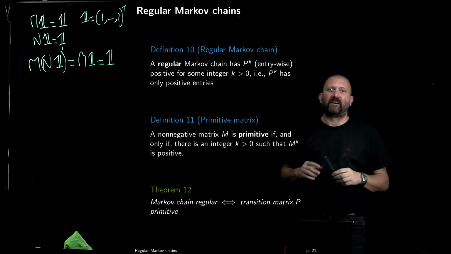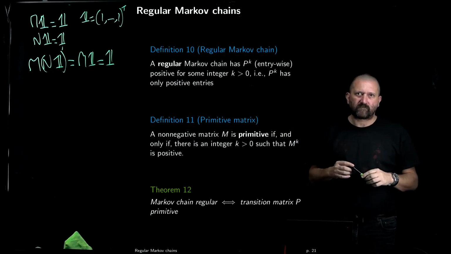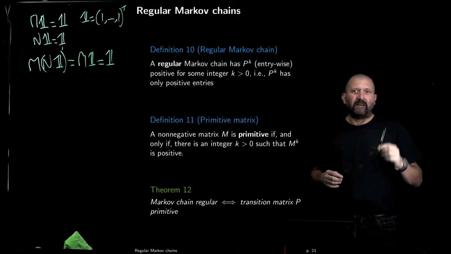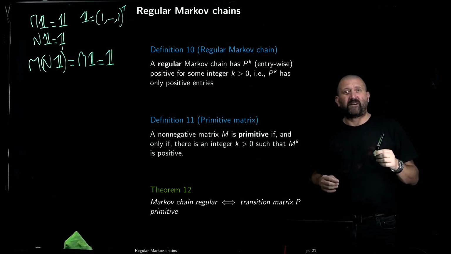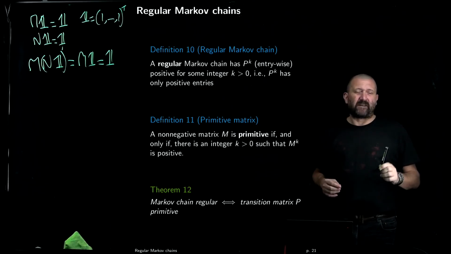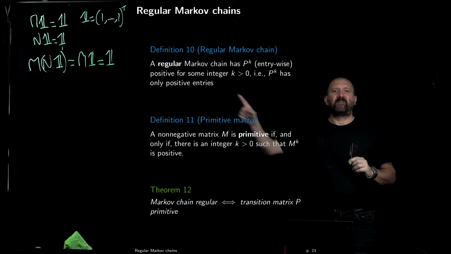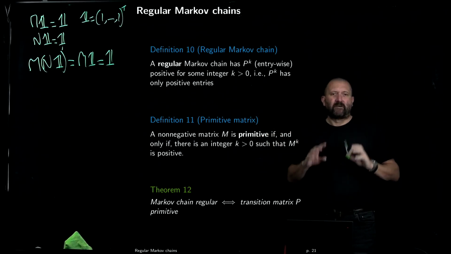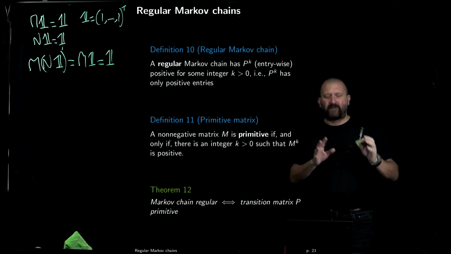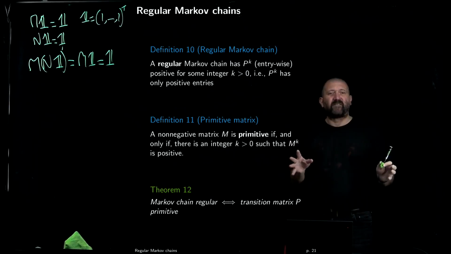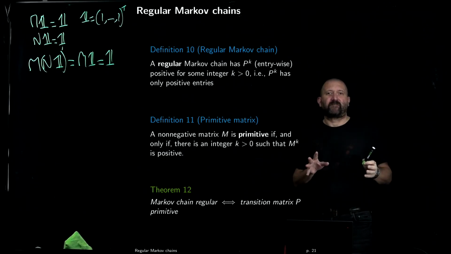So a Markov chain has P^k, the transition matrix, that is positive, not non-negative, positive, for some integer value k. You can find a value of k such that P to the k is entry-wise positive. So all the entries are positive.